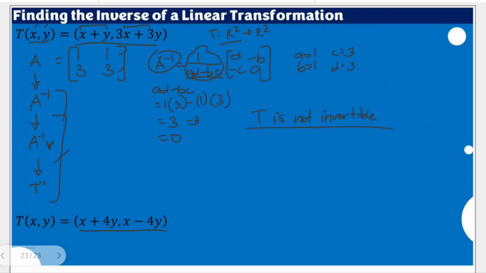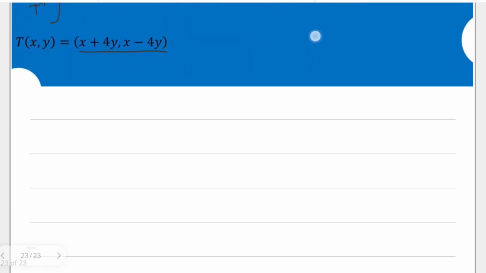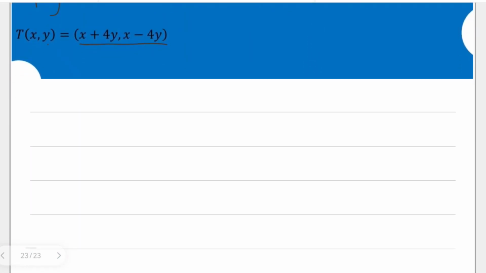So let's see if our second transformation has an inverse. So again, our standard matrix A here: we have 1 and 4, then we have here 1 and negative 4. To check whether there is an inverse, we'll use this form.